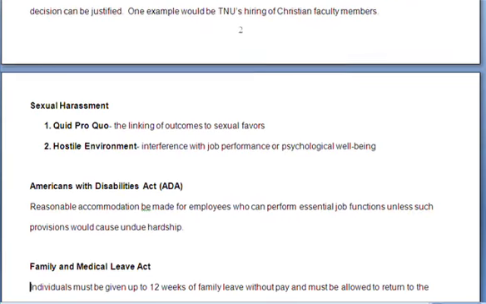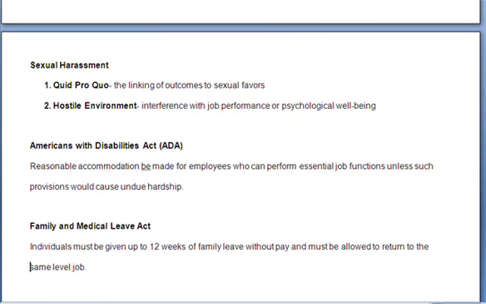A couple of last laws here. Americans with Disabilities Act. Don't want to get into all the ins and outs of that. That one's pretty detailed, but basically, a little typo there. It says reasonable accommodation must be made for employees who can perform essential job functions. So if you have an employee, but their disability prohibits them performing the job, okay?